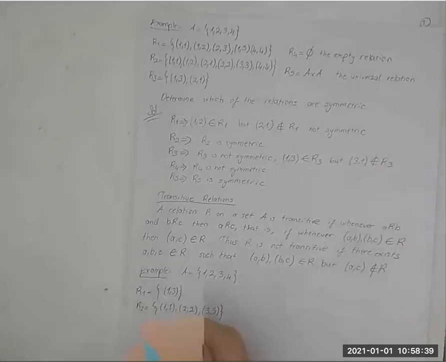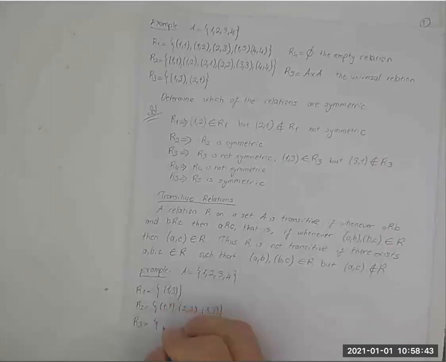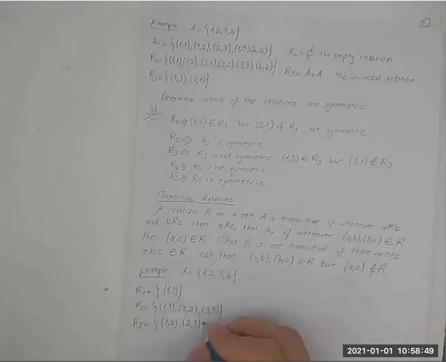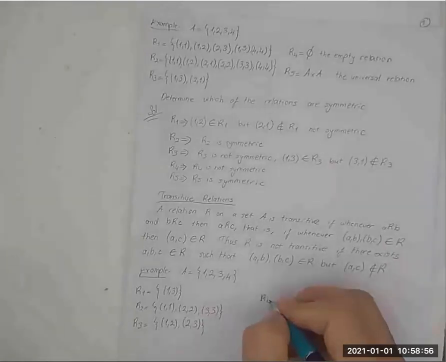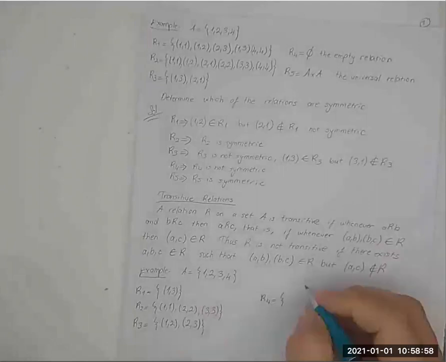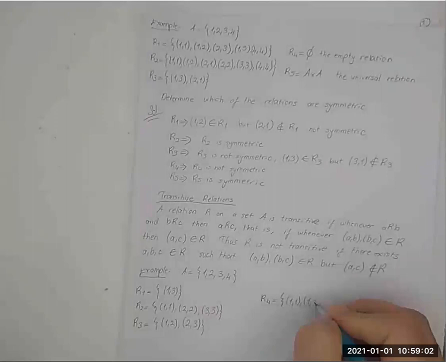There is the relation R1 as a pair (1,3). R2: (1,2), (1,1), (2,2), and (3,3).